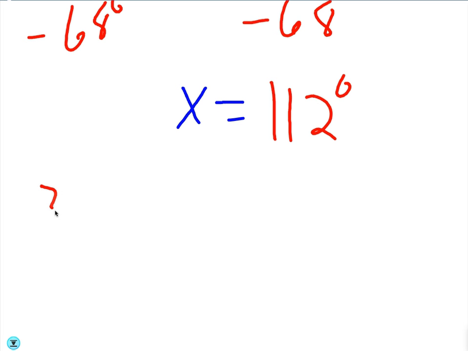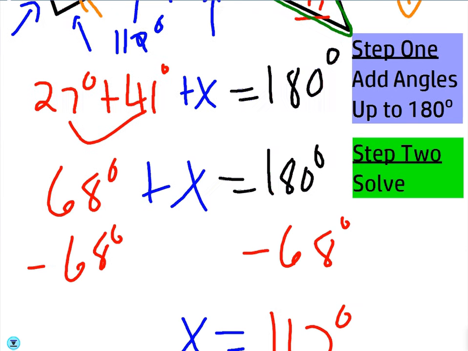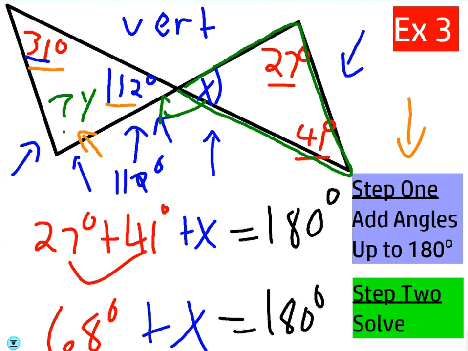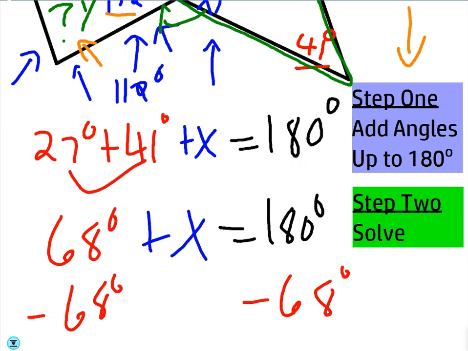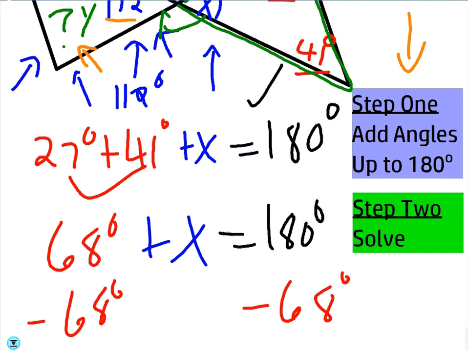So we're going to have 31 plus 112, and we'll call that angle y. Doesn't matter what you call it, A or whatever, plus y is equal to 180. Okay, so this is more involved in the fact that you basically have two problems to deal with. You solve for one triangle, use that to solve for the other.